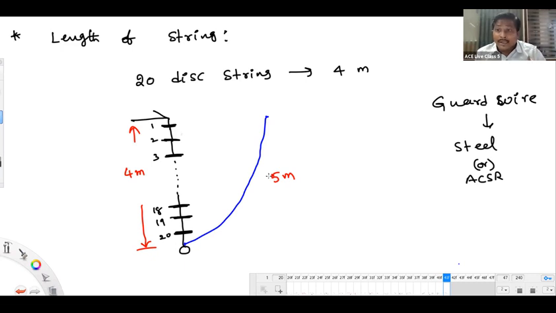Getting the point? We are using hundreds of kilometers of transmission line wire, right? So at each tower, 5 meters of guard wire may not increase the cost of the system heavily.